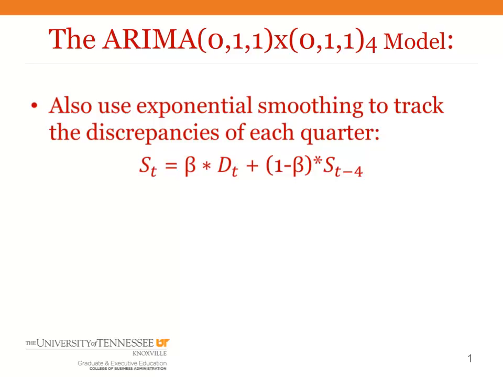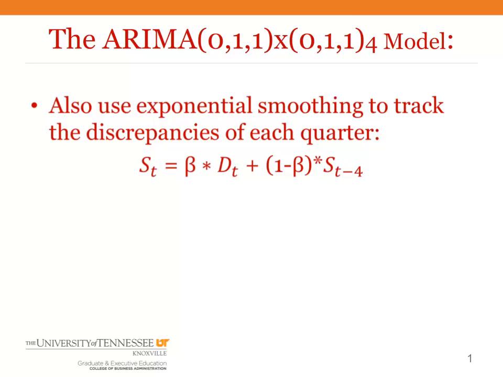And the subscript is t minus 4. In other words, I'm going back a whole year each time I update that smooth value of those discrepancies. So let's pretend I'm in the 4th quarter of the current year. I would take the discrepancy that I just computed, and I would weight that with the smooth value that I had for the 4th quarter last year.